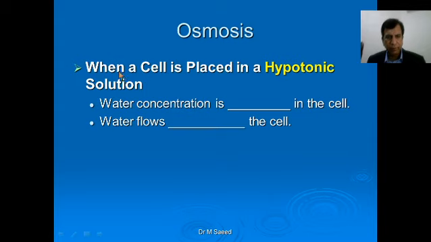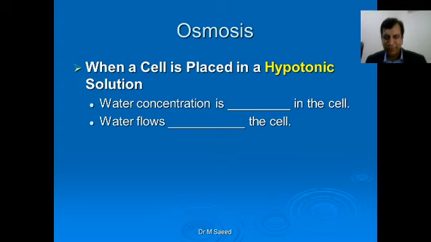Now you tell me, when a cell is placed in hypotonic solution, what will happen? Just recall, is the water concentration in the cell less or high? Does water flow in or out of the cell? You take your time. Tell me. Okay, don't get confused.